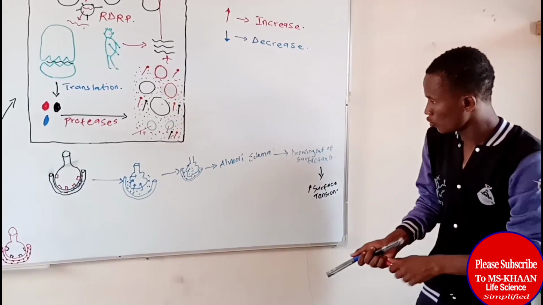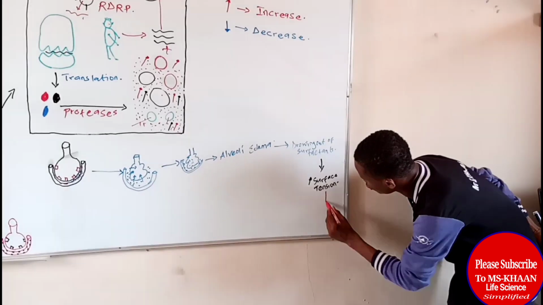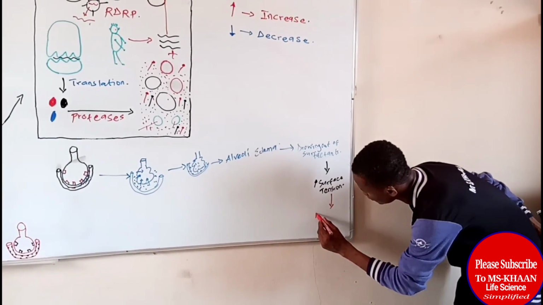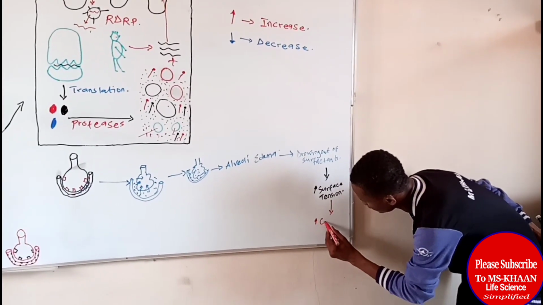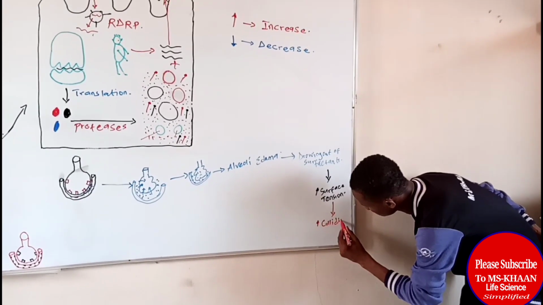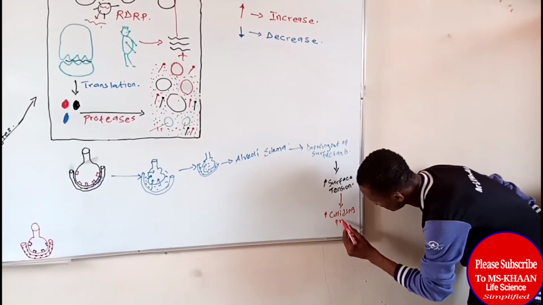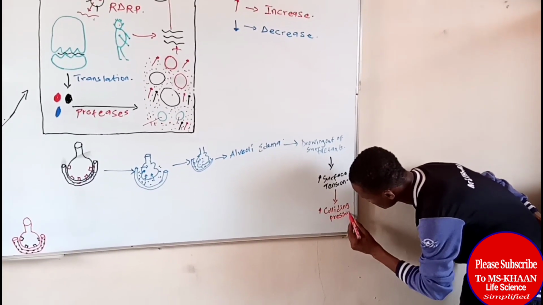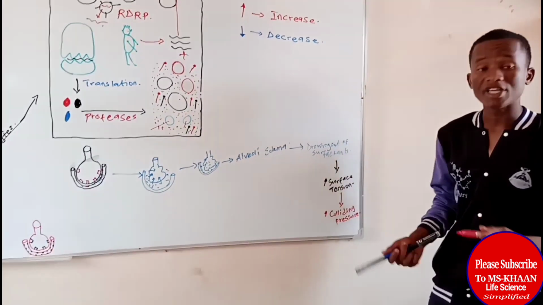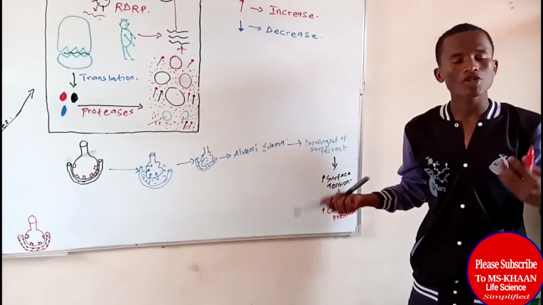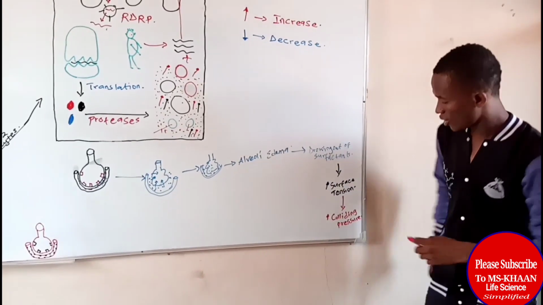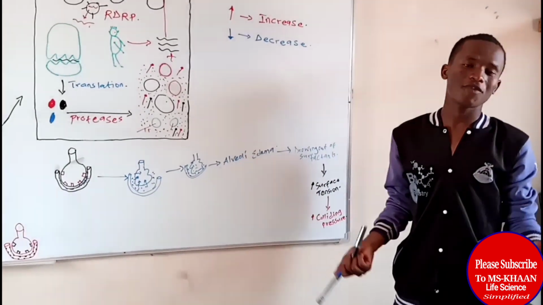So this will lead to what? Increased collapsing pressure. And by causing this increased collapsing pressure, it will lead to the collapse of the alveoli.